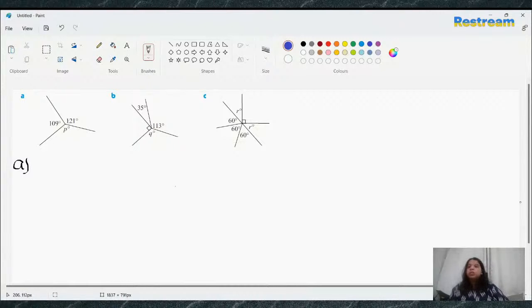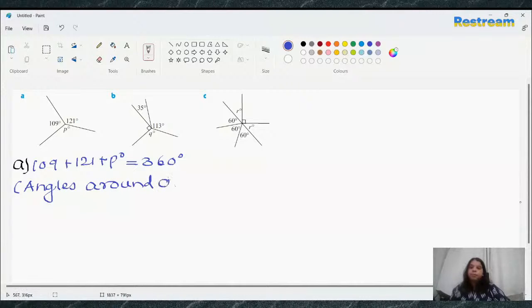Let's select blue. So now here we see that 109 plus 121 plus p degrees is equal to 360 degrees. Okay. So why? Because they are angles around a point. Okay.